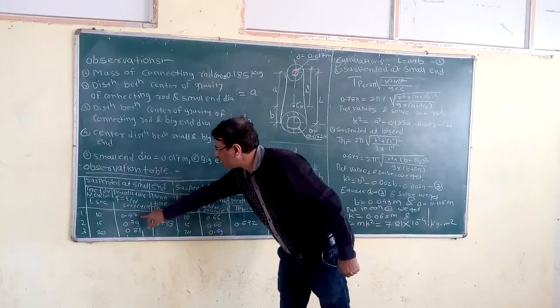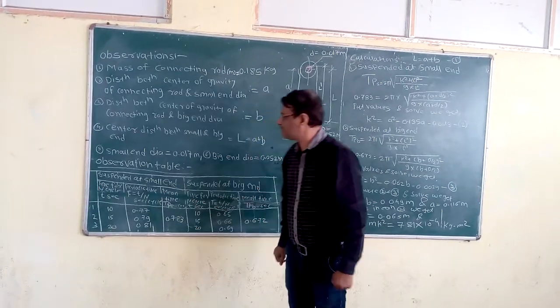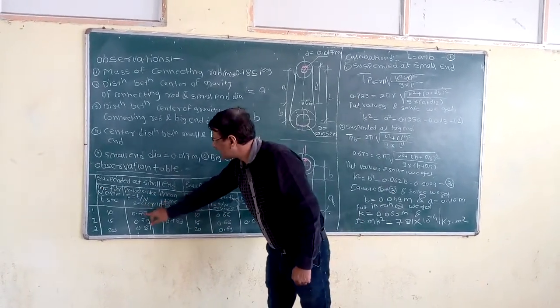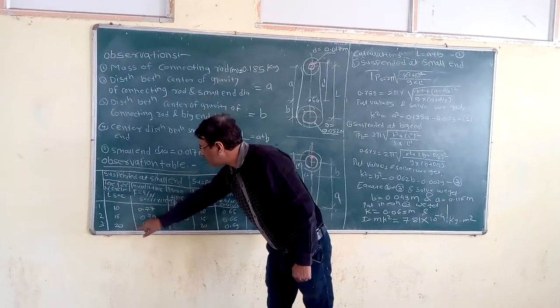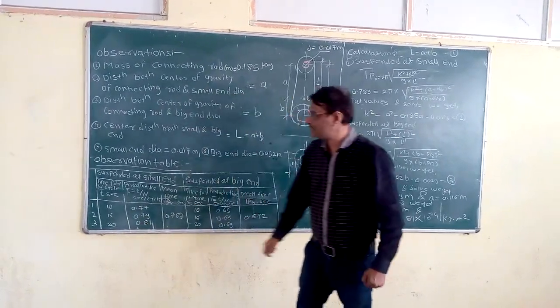Observe that the time for 10 cycles is 0.77 seconds, for 15 cycles it is 0.79 seconds, and for 20 cycles it is 0.81 seconds.